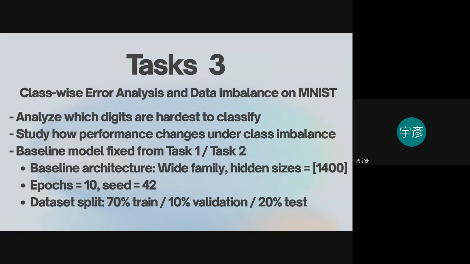By keeping the model fixed, we focus on understanding the error patterns and effect of data imbalance instead of mixing in changes caused by different architectures. Now I will first show the baseline model's class-wise performance. Next page.